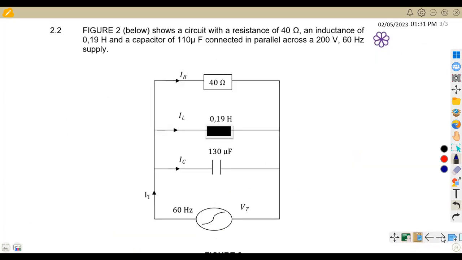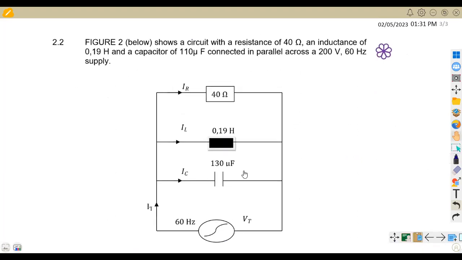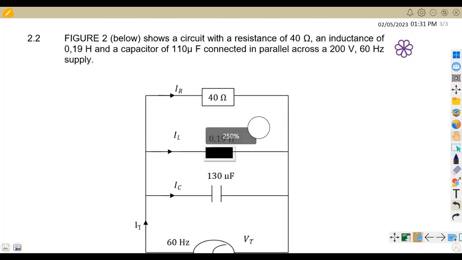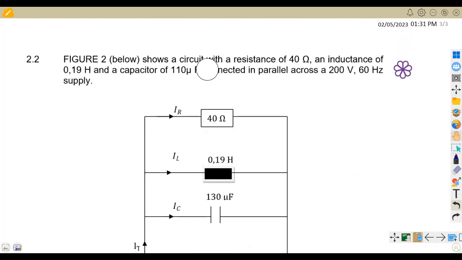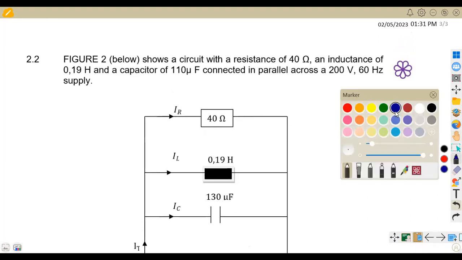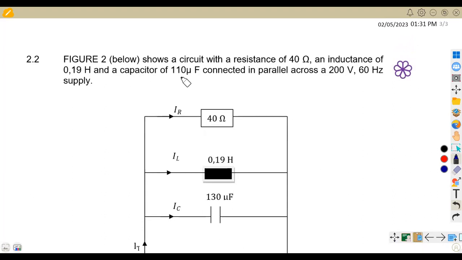We move on to the other part of the question, that's 2.2, where we are given a figure here. From this diagram, take note, we are given a resistance of 40 ohms, inductance 0.19, and a capacitance of 110 microfarad.